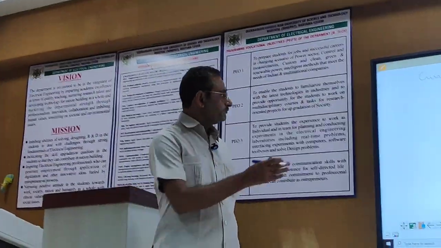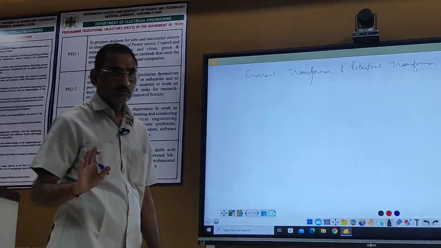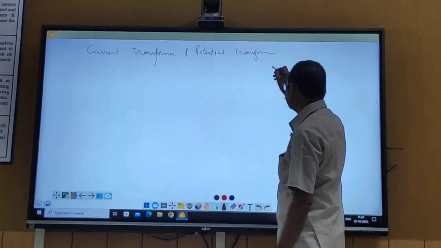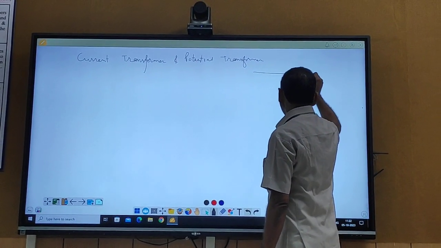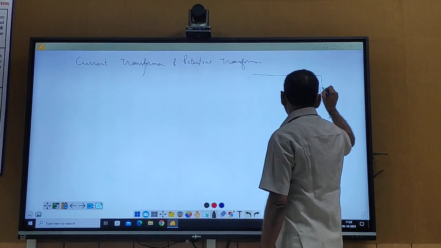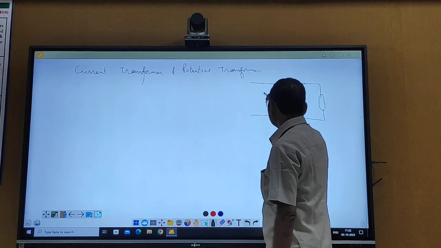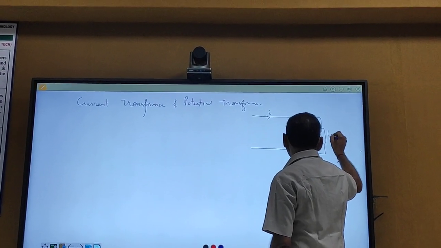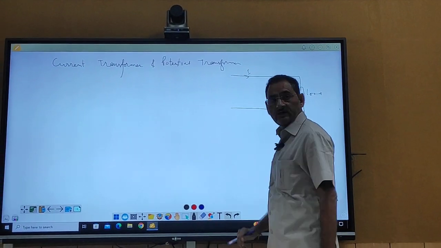So before starting the actual topic of current transformer, potential transformer, let us have this load where this current is flowing. This is load and this is the current.